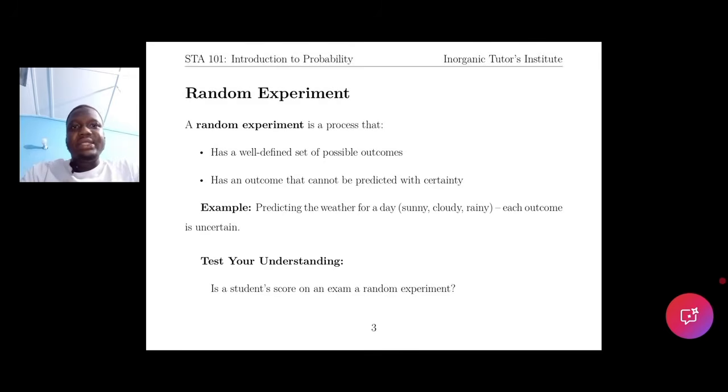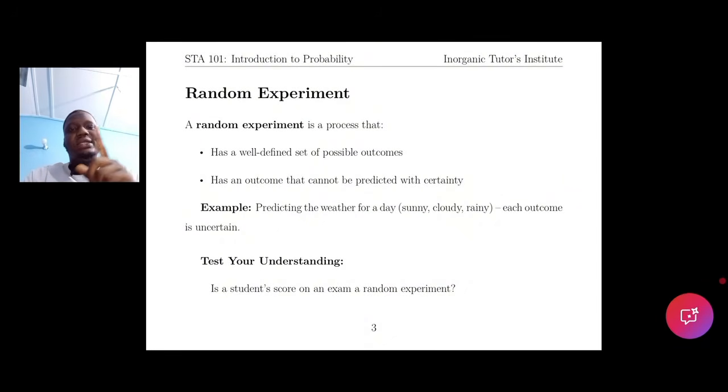After having knowledge about the possible outcomes, the second condition is that it should have an outcome that cannot be predicted with certainty. We know that the activity can lead to this, or this, or this, but we shouldn't be able to tell with 100% accuracy that when you do this, it will definitely lead to this.